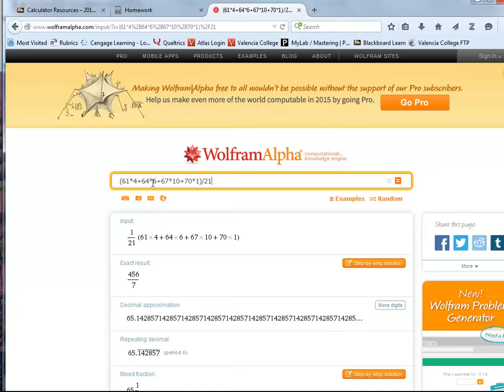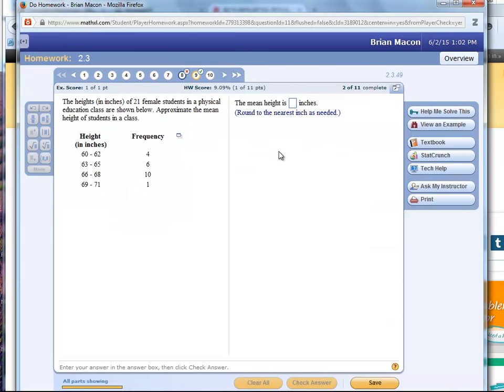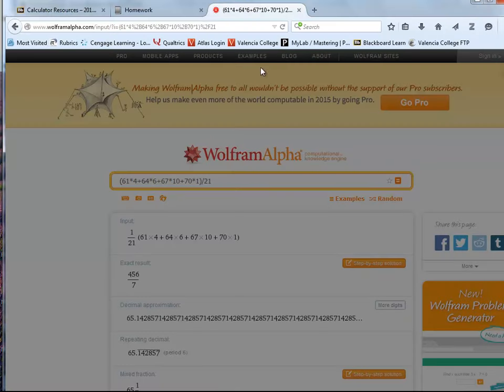So there's my weighted mean formula if I'm doing it by hand, and that turns out to be as a decimal about 65.14. And I think my MyMathLab asked me to round to the nearest inch, right? If I'm rounding to the nearest inch, then this would be 65.